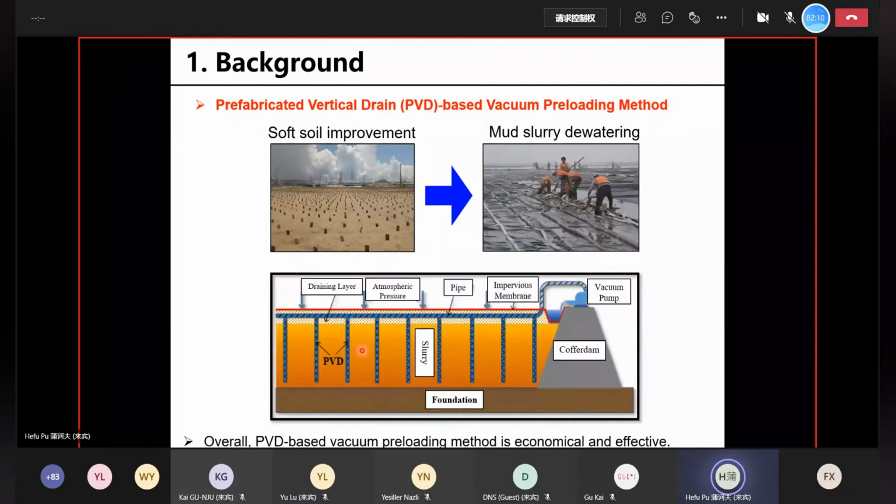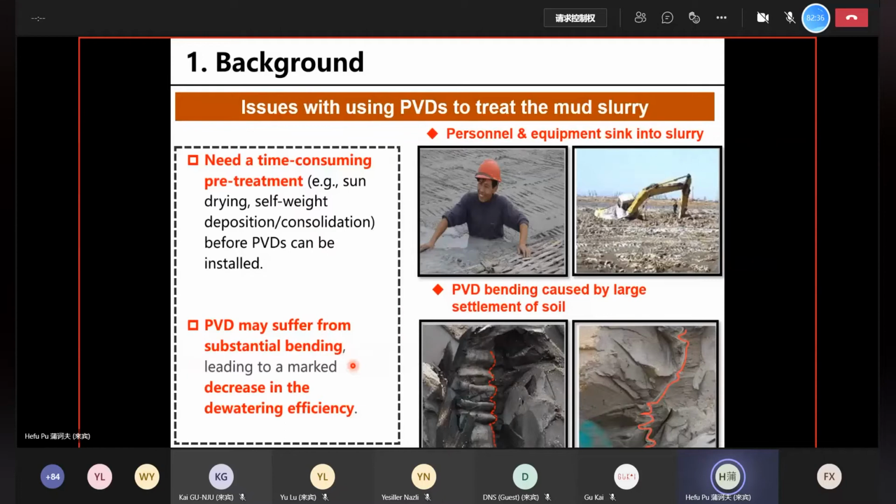We simply insert the PVDs, the vertical drains, into the ground, and then connect the PVDs with vacuum pumps, and then we apply a vacuum pressure, and the vacuum pressure can suck out the water and reduce the water content. Overall, the PVD-based vacuum preloading method is economic and effective, but still there are many issues that need to be solved when using PVDs.